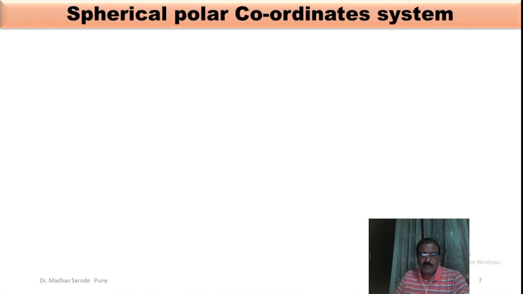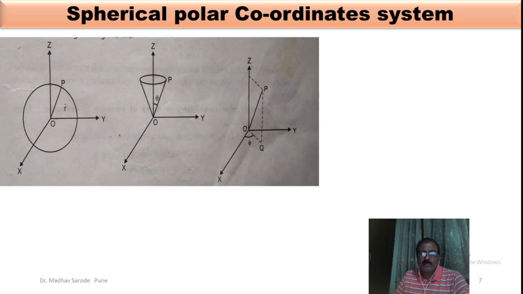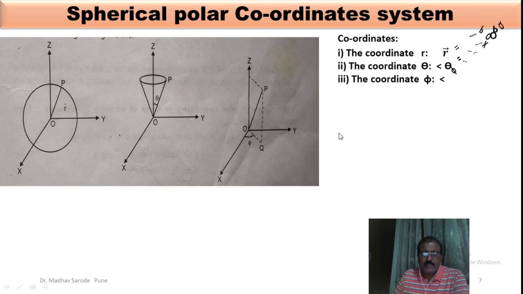Now the second coordinate system is the spherical polar coordinate system. In the spherical polar coordinate system, we use polar coordinates, and the position of the point is fixed by three coordinates: one is r, second theta, and third phi.